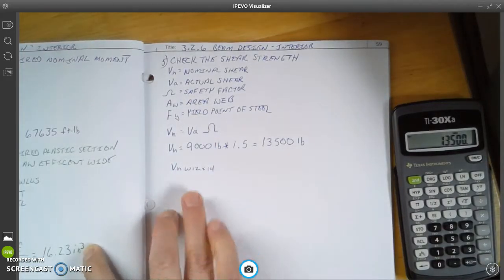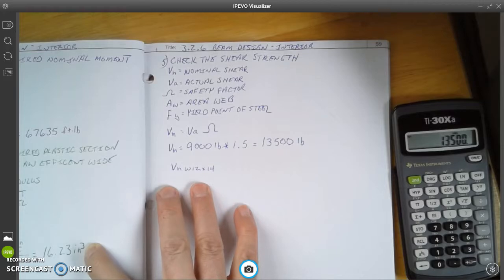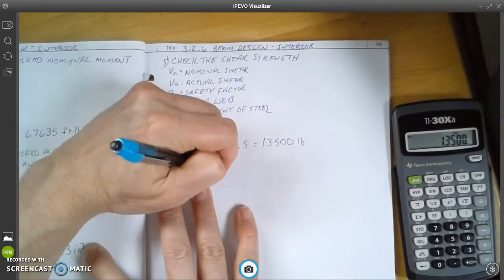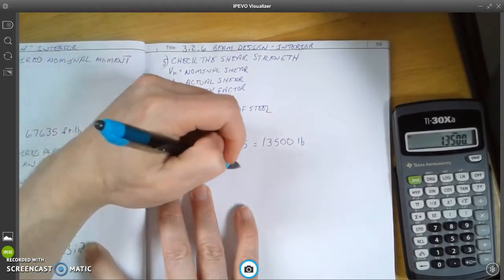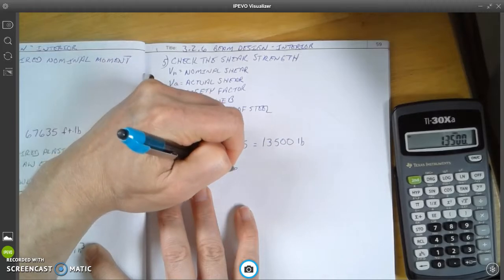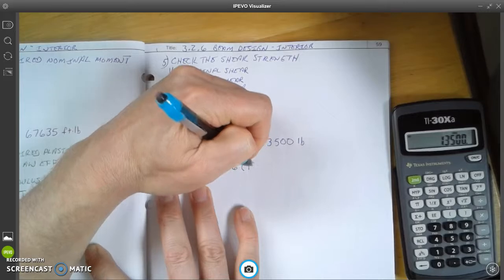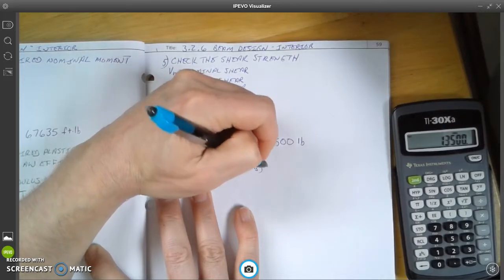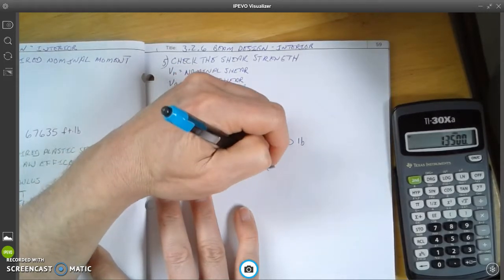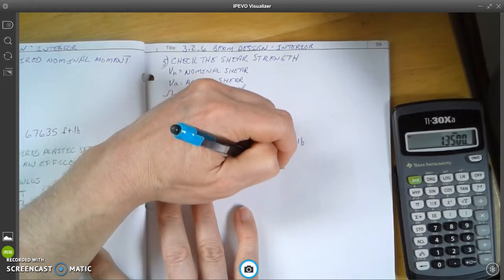I always write the size of the beam right there. And the formula for this is going to be equal to 0.6 times the yield point of steel times the area of the web.